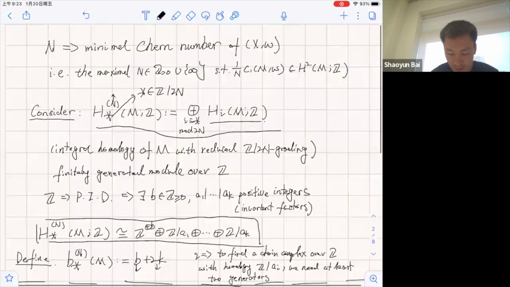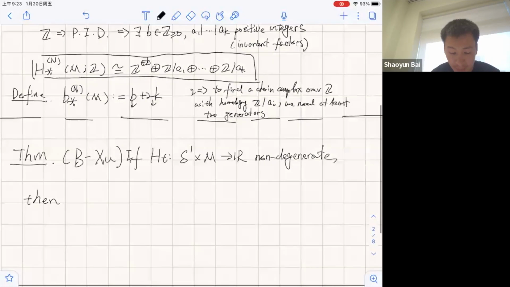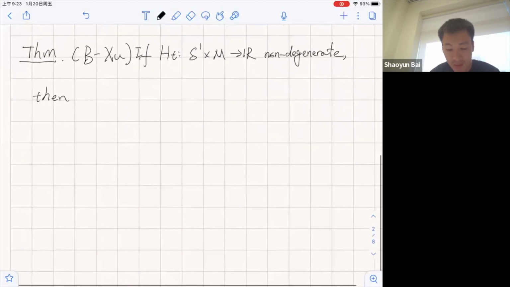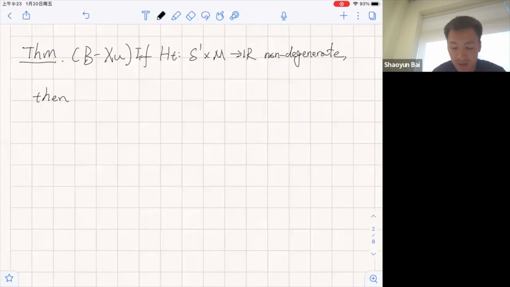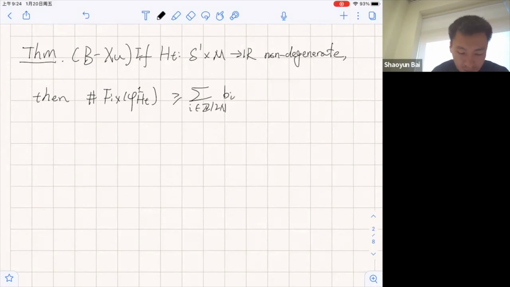With these preparations, I can state the main theorem. Suppose we have a non-degenerate Hamiltonian defined over our symplectic manifold Omega, then the number of fixed points of its time 1 map is bounded from below by the sum of all of these integral versions of Betti numbers.